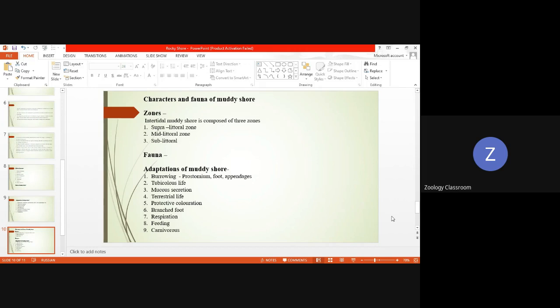When it burrows inside, this tube is exposed, and with the help of this tube water is taken into the body, where the tube acts for respiration. Filter feeding.